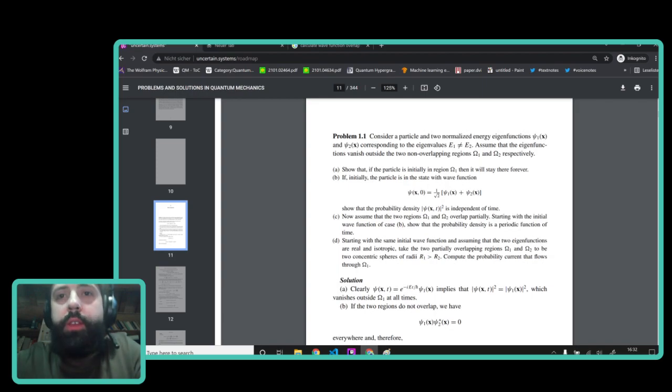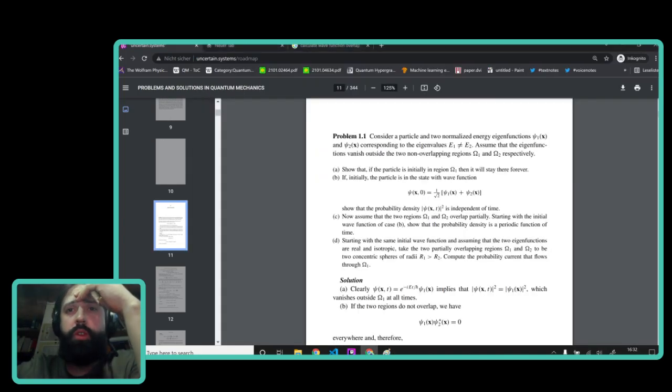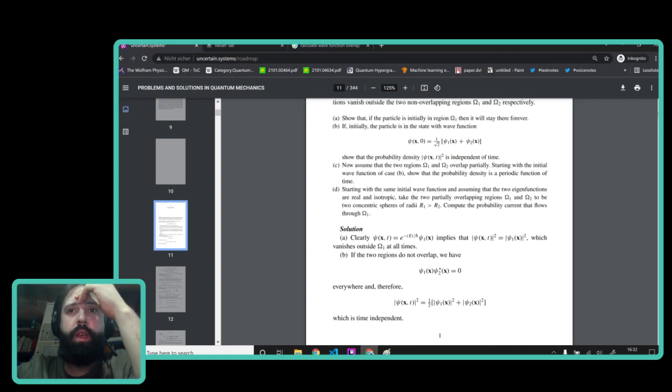I don't know. Okay, I didn't want to do this, and probably it's the first problem, I should probably do this anyway. My assumption is these, and then I'd say this times this is time independent. What does it say? If the regions don't overlap, we have that this times this equals zero. That makes sense. Okay, so everywhere there, therefore.